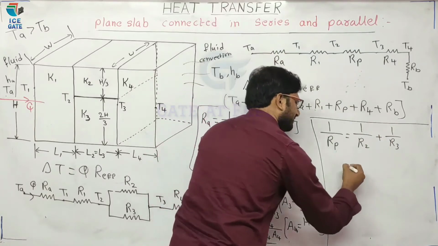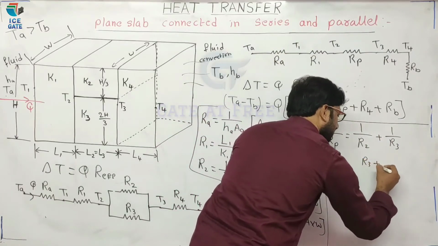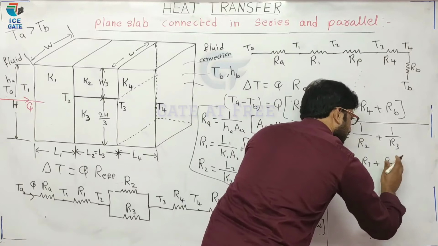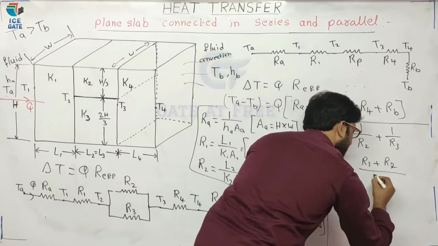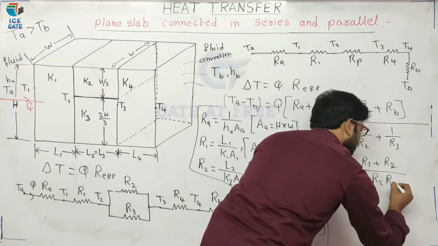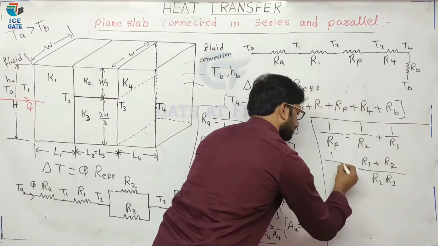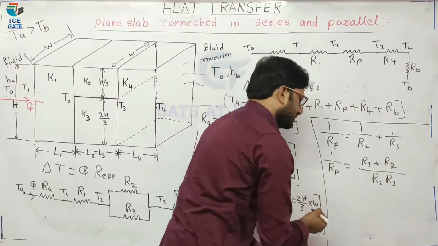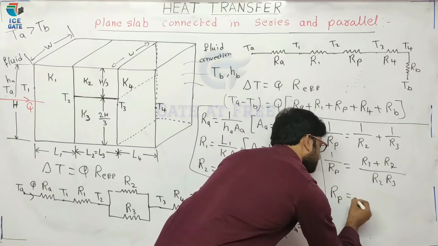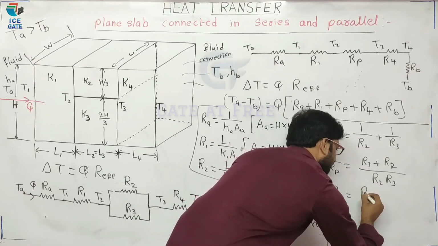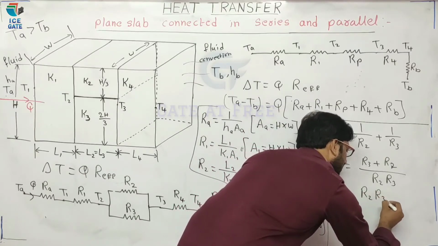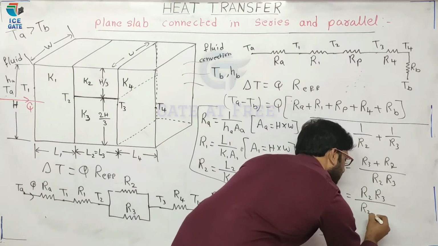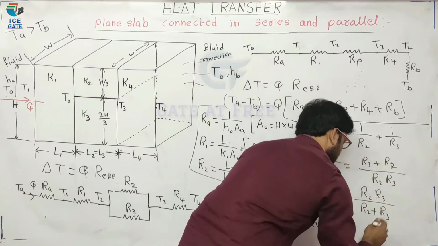Now simplify this one: R3 plus R2 divided by R2 into R3. So RP can be written as R2 into R3 divided by R2 plus R3.